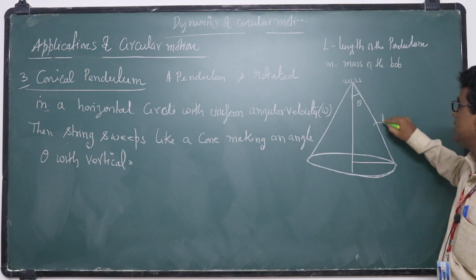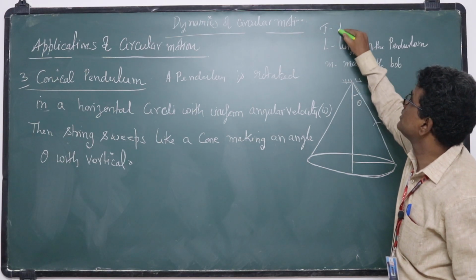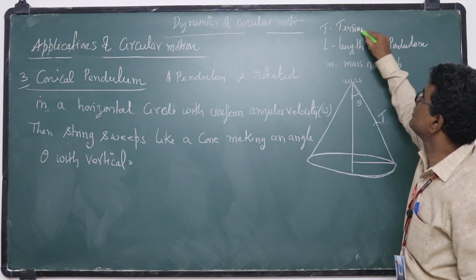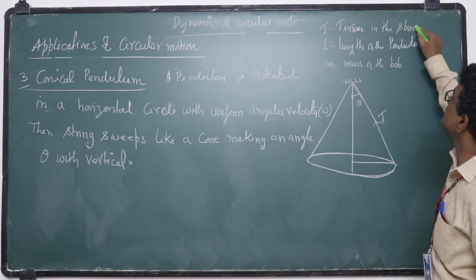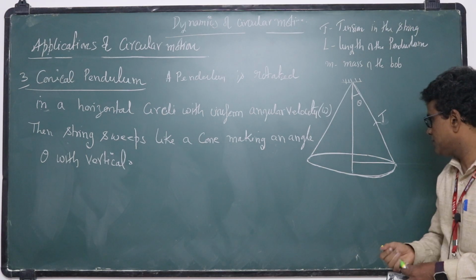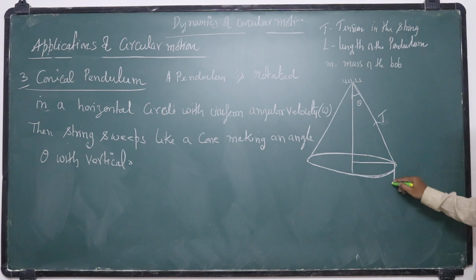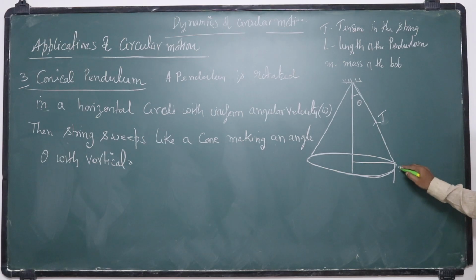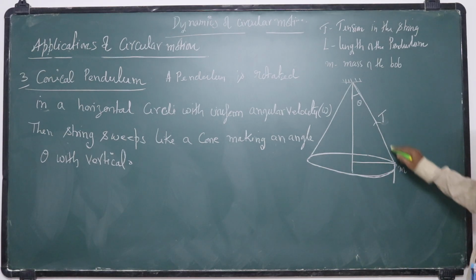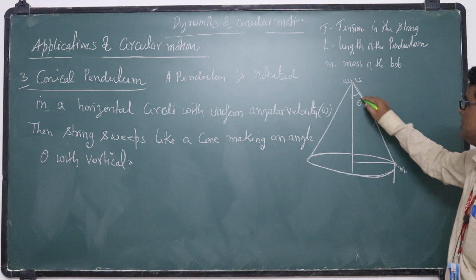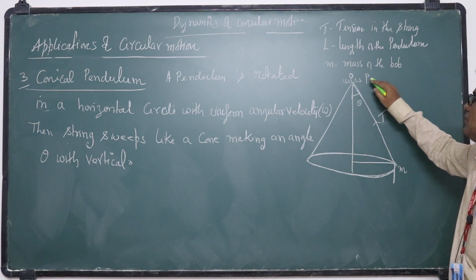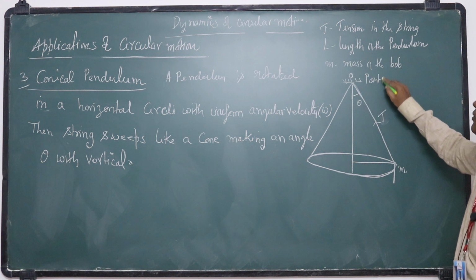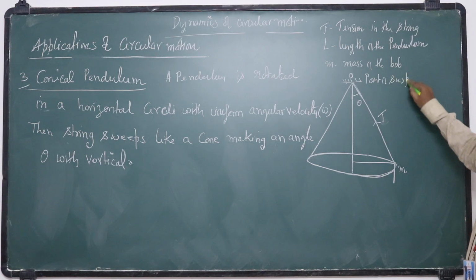Let T be the tension in the string. So this is the bob. What are the forces acting on the bob? If M is the mass of the bob, the tension in the string will act towards the fixed point O. O is the point of suspension.